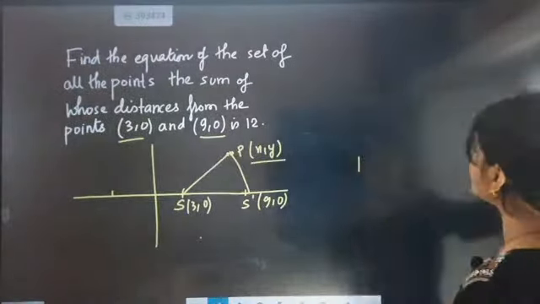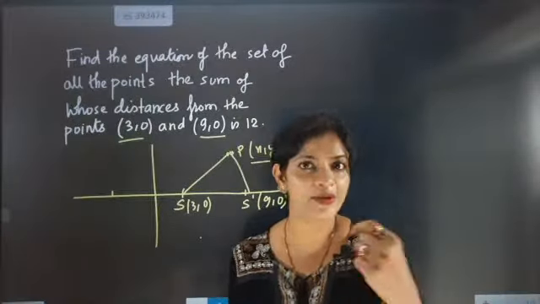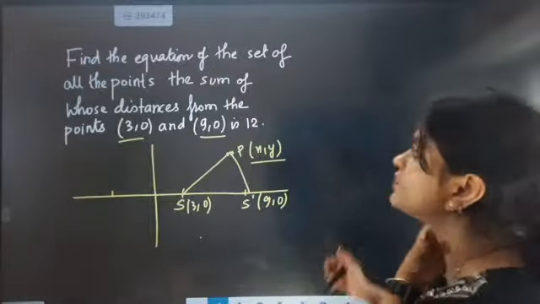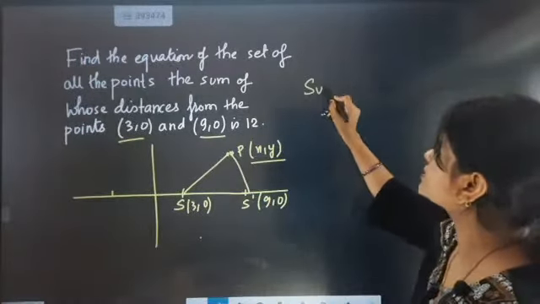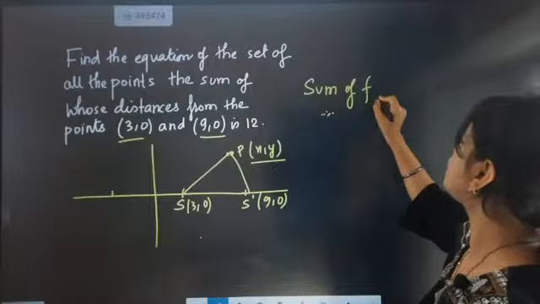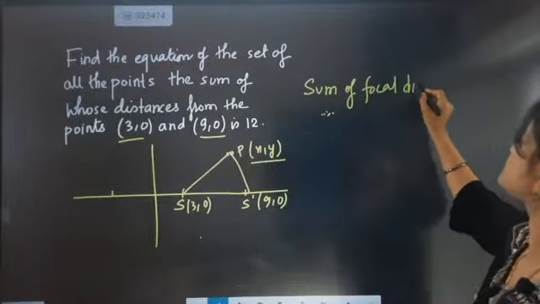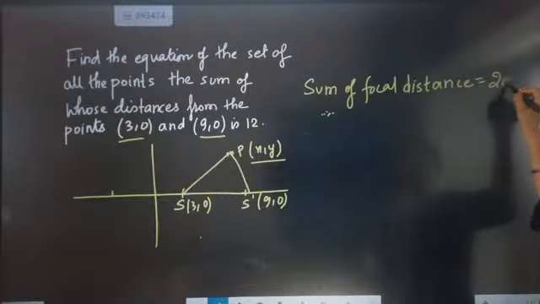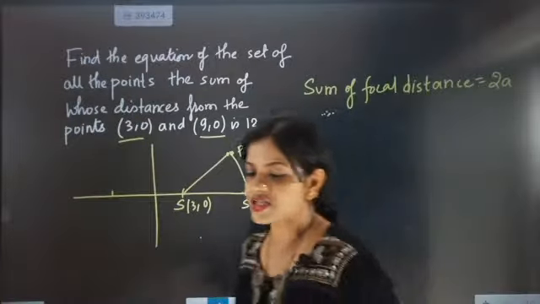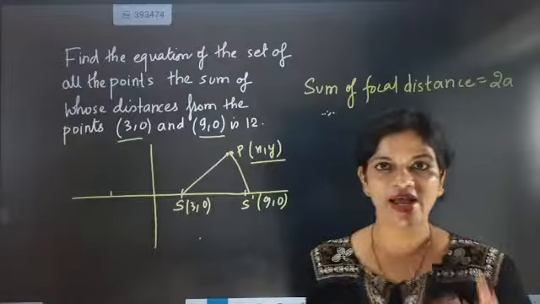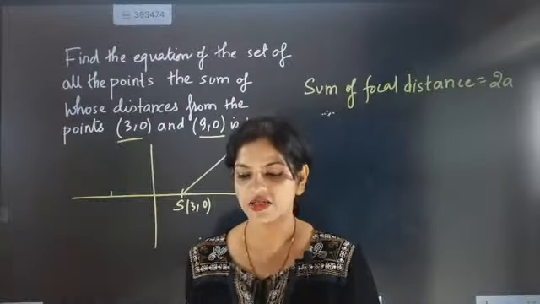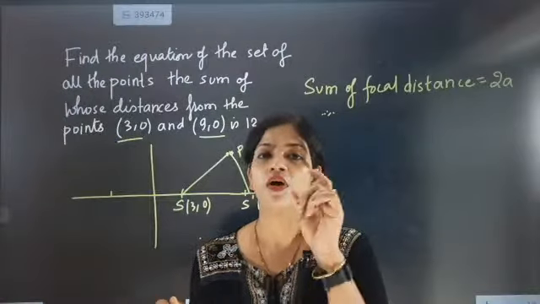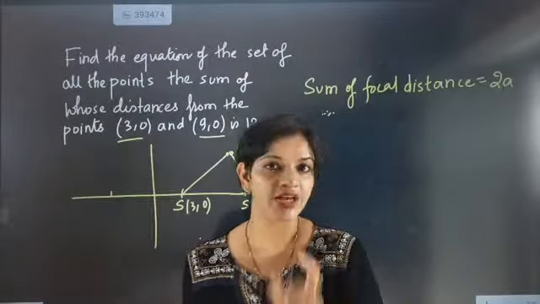Now one formula is there. That formula, the day I made the video, that day I have written that formula, that is, sum of focal distances equal to 2a. That is, sum of focal distances equal to the length of the major axis.